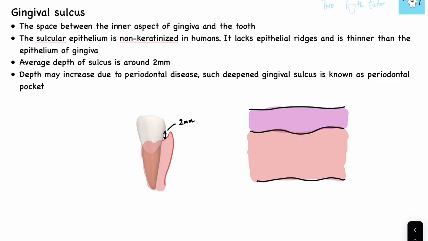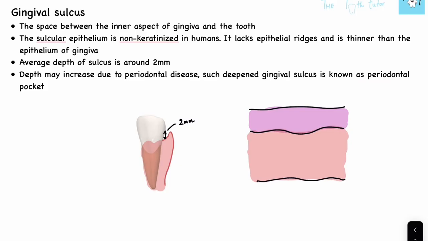The average depth of the gingival sulcus is around 2 millimeters. If it goes deeper than this, we generally have a periodontal pocket, which is mainly due to some disease.